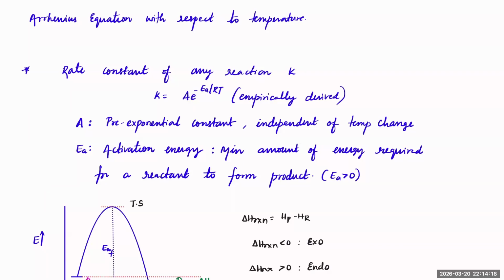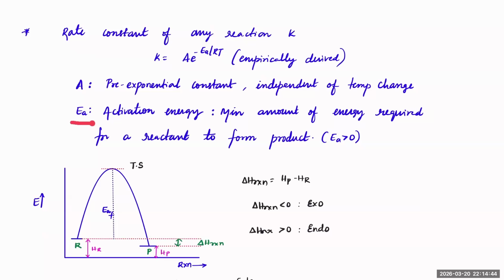This is empirically derived, as in, with different experimental data, we are able to convert that data into a formula, which is this one, where A is termed the pre-exponential constant, and as per Arrhenius theory, it is independent of temperature change. EA represents activation energy, which we introduced initially, the minimum amount of energy required for a reactant to form product.